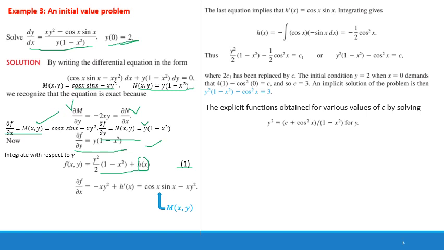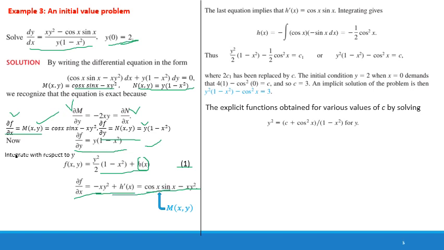So in order to find the value of h of x, we will take the derivative of equation 1 with respect to x, and our answer is this. Now we will put this answer equal to function m because function m is also equal to partial f by partial x. We will get this equation.